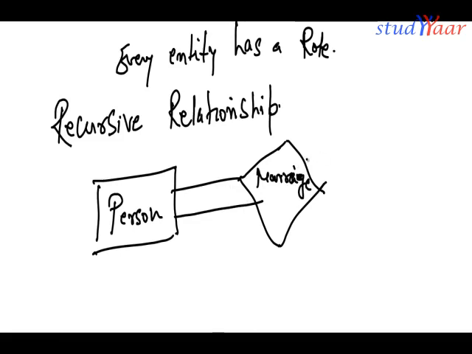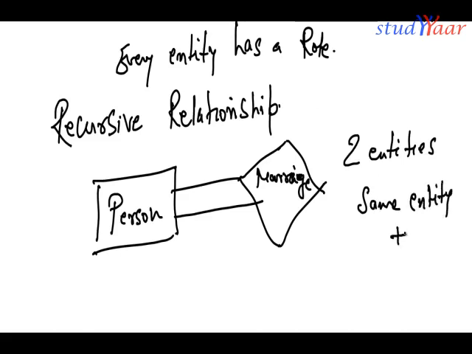In this kind of relationship, two entities are involved, but the point to realize here is both the entities are of the same entity type. So now role comes into play.